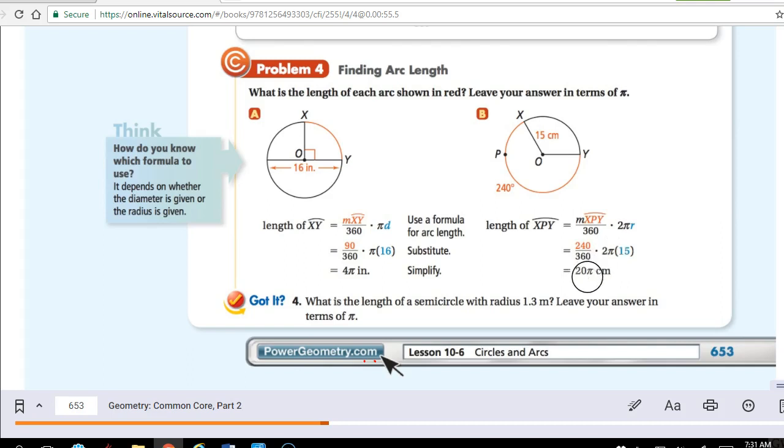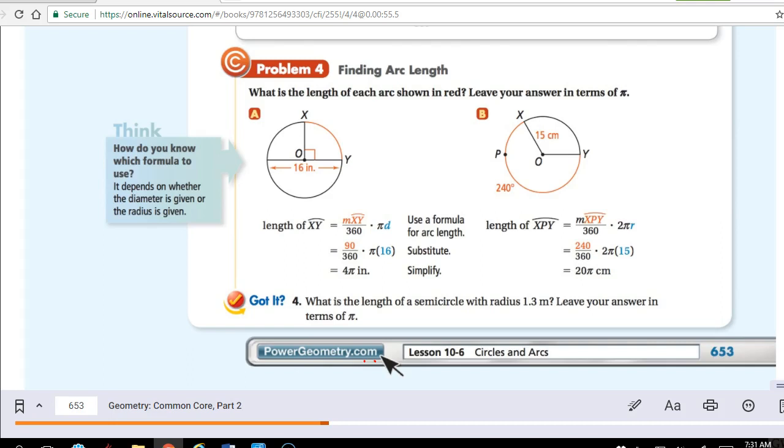Just bring it straight down. Take your 240 divided by 360, multiply it by the 2, and then also by the 15. When you do, you should end up with 20, and as I said, bring the pi straight down. So the length of this piece of the circle is going to be 20 pi centimeters long.